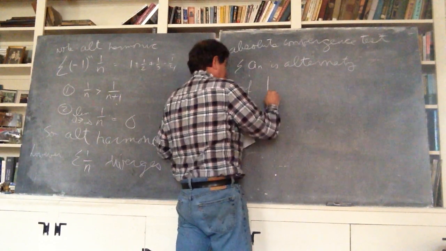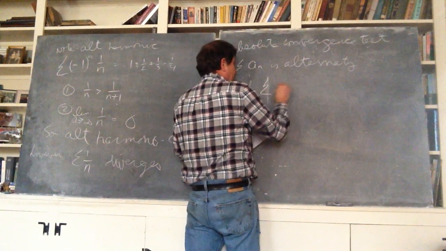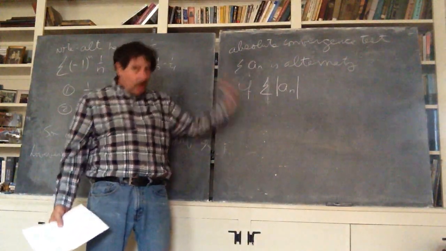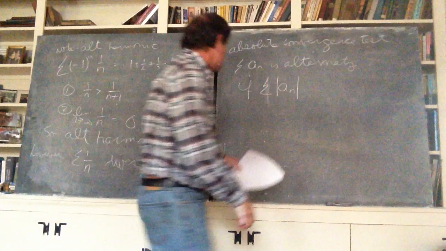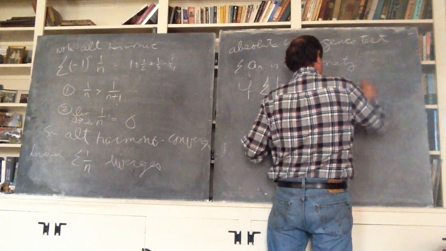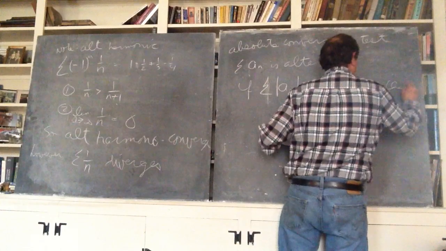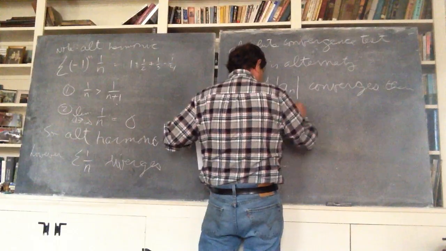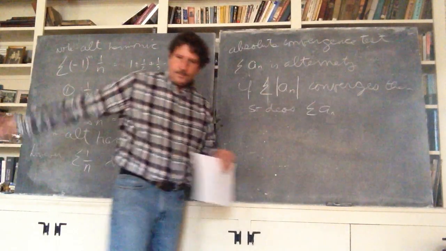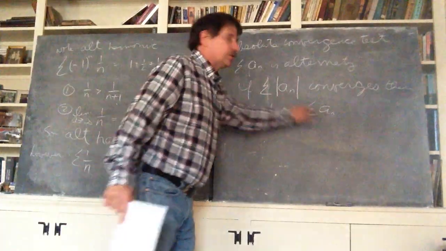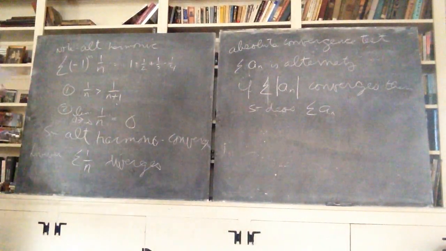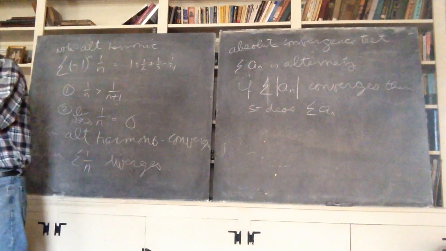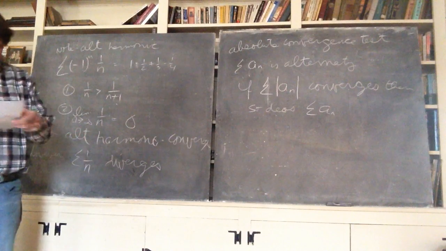If the series of the absolute value of a sub n, which is the positive part, not alternating anymore, it's all plus, converges, then so does the alternating series. Absolute convergence. If this one converges, of course, the alternating one is going to converge. And so this is a conditional one.